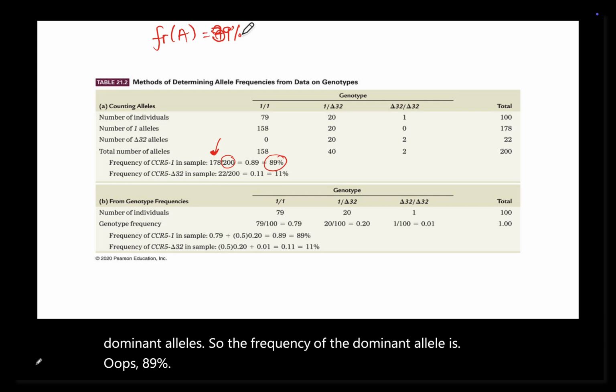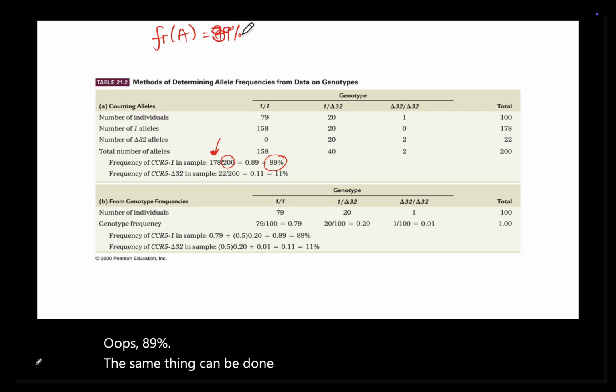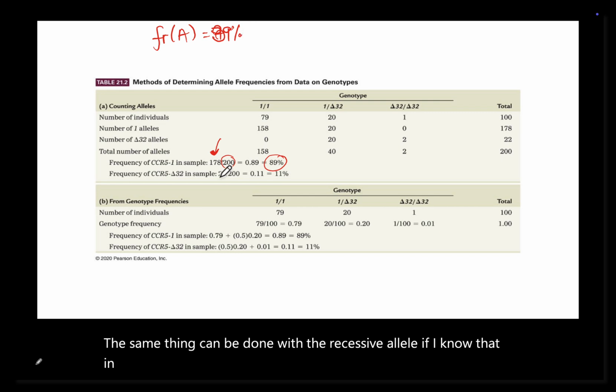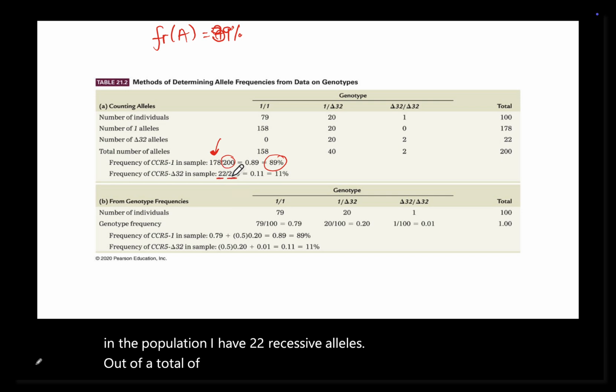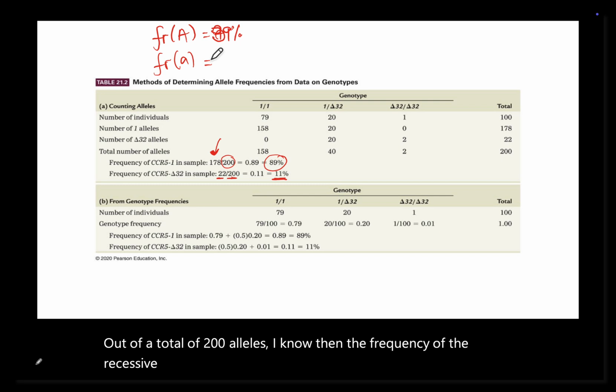The same thing can be done with the recessive allele. If I know that in the population I have 22 recessive alleles out of a total of 200 alleles, I know then the frequency of the recessive allele is 11%.